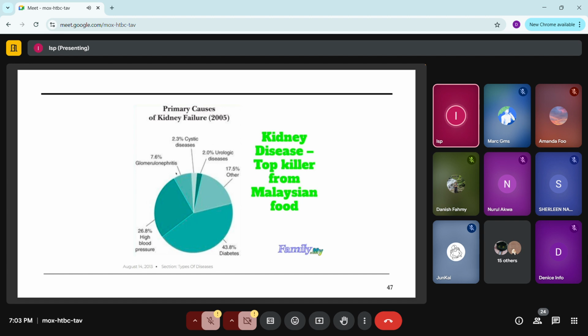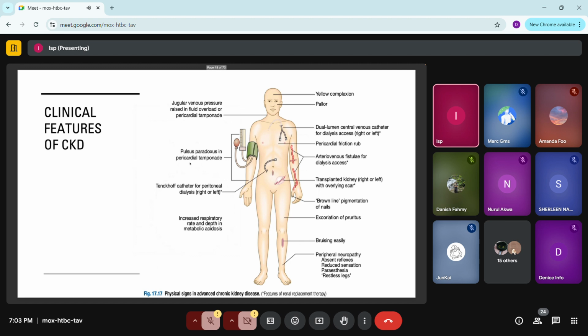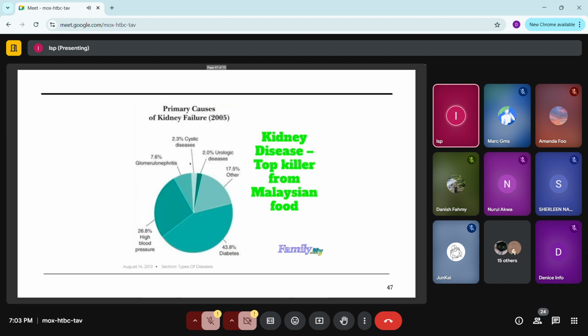Those are only a small proportion of the causes of chronic kidney disease. So these first two risk factors, they are modifiable. That's why our teaching is to pick up those early kidney disease and intervene, optimize the risk factors to prevent them from progression to end-stage renal failure.